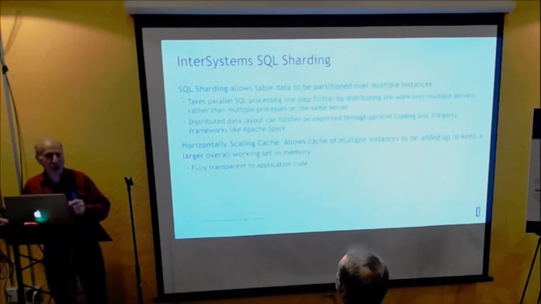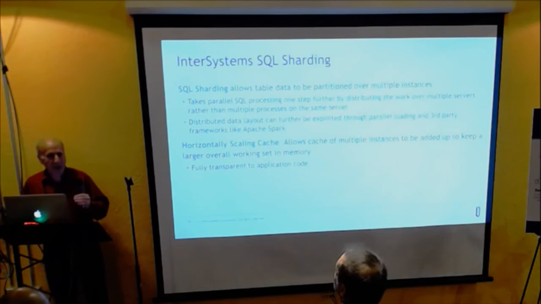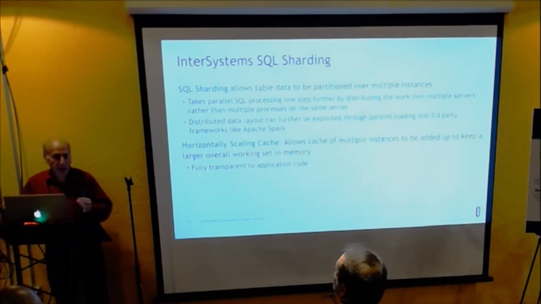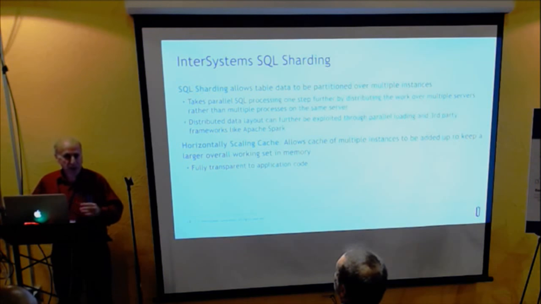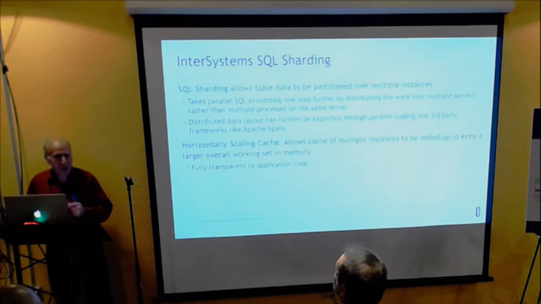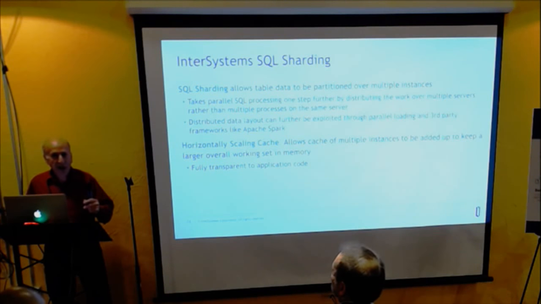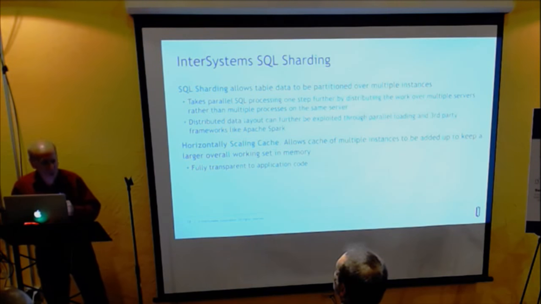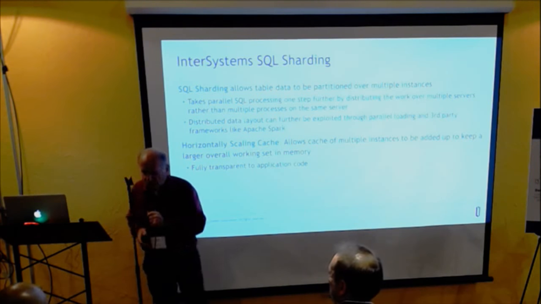So if you imagine that on each server you had the maximum size that you could scale a cache to on one machine, well, now you can just multiply that by as many machines as you configure together, so that a much larger data set has the potential of all fitting in memory, or at least large parts of it fitting in memory.